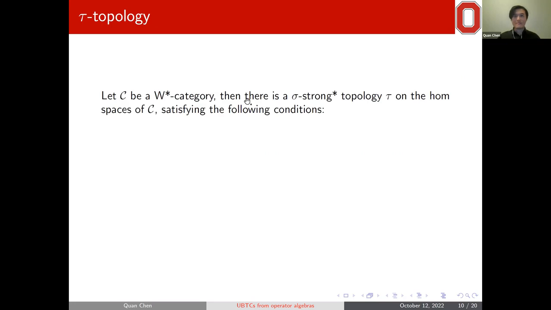And the second thing is the tau topology. I'm saying that C is a W* category, which means you have a topology, the sigma strong topology, on the Hilbert space. The endomorphism space is a von Neumann algebra.